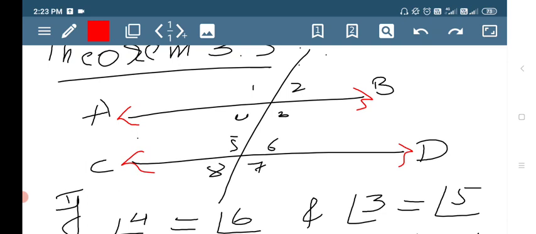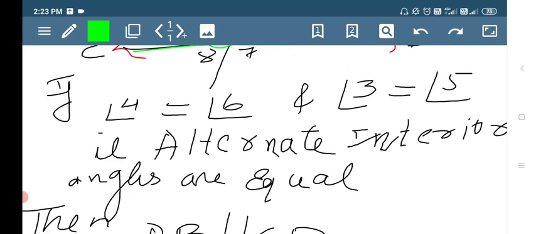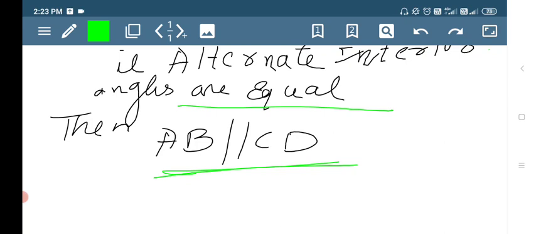Now the condition comes in this theorem 3.3: if angle 4 is equal to angle 6 and angle 3 is equal to angle 5, that is, the alternate interior angles are equal, then AB is parallel to CD. So theorem 3.3 is the converse of theorem 3.2.